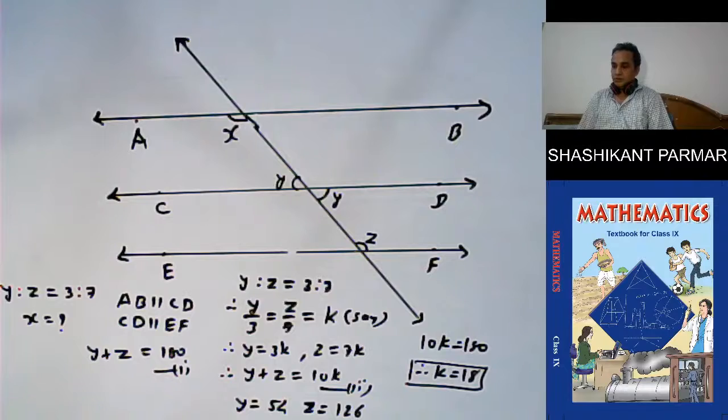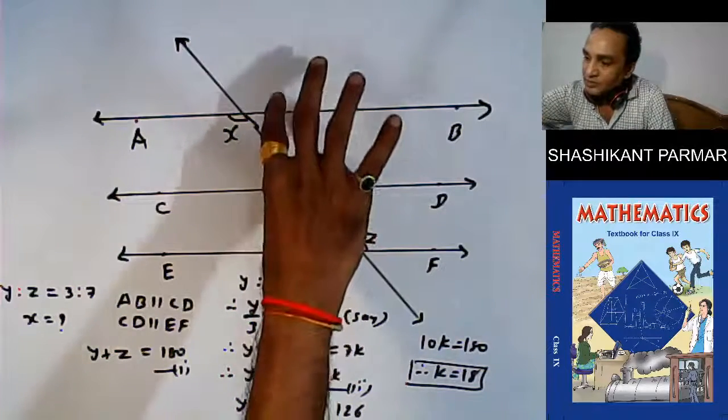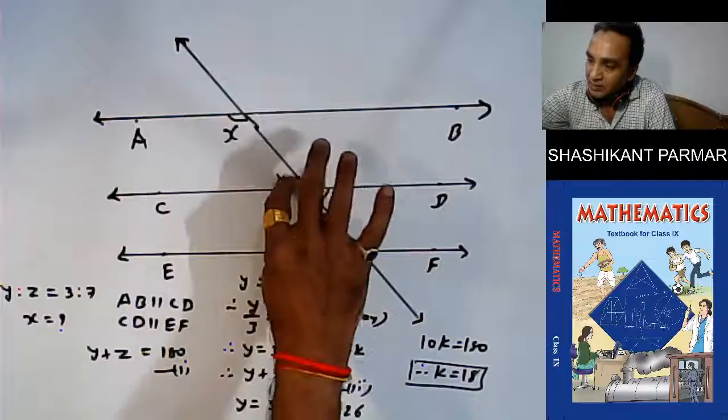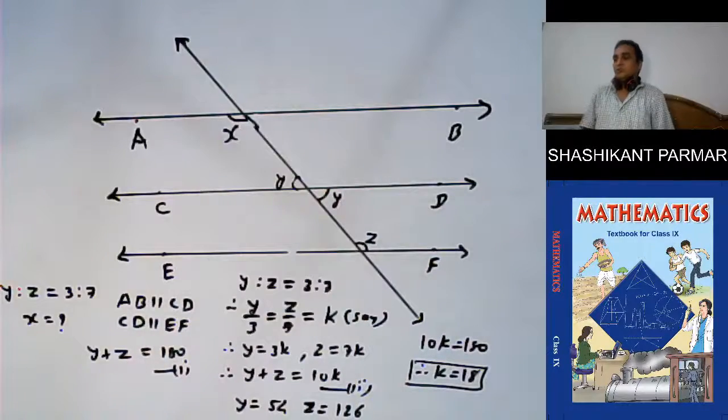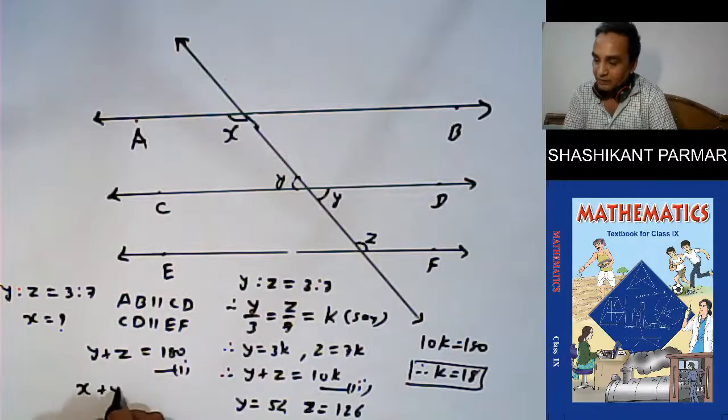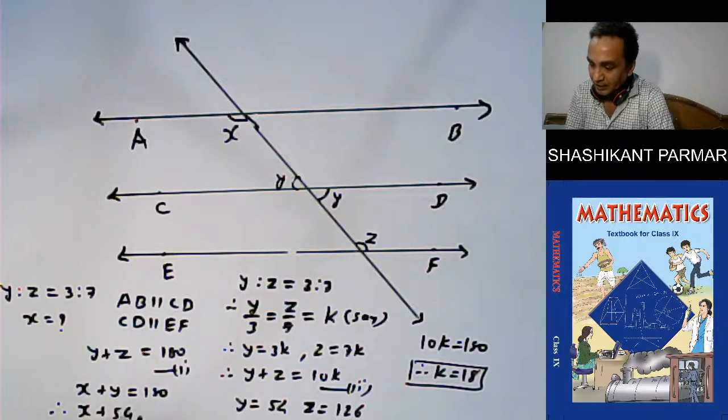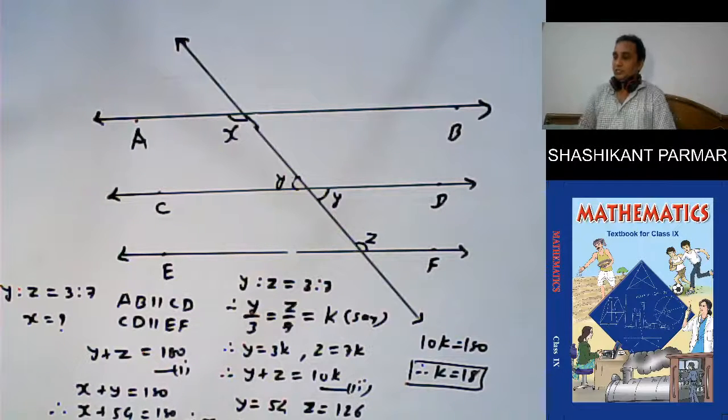Now for these two lines, X and Y are interior angles on the same side of the transversal. So the sum of X and Y is also 180. We know Y, so therefore X is equal to 126.